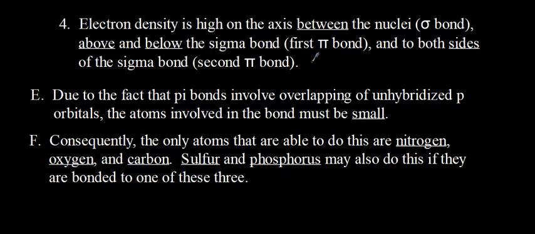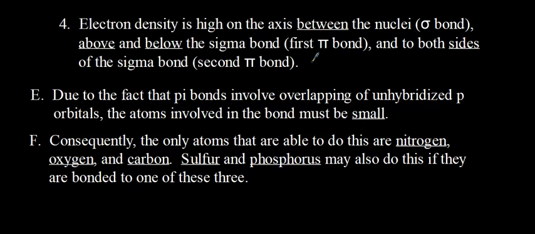If they're in a high energy level, those p orbitals won't be able to overlap, and you won't be able to form pi bonds. Consequently, the only atoms that are able to do this are nitrogen, oxygen, and carbon. All 3 of those atoms have their valence electrons in the second energy level. They're all pretty small atoms. They can form pi bonds.